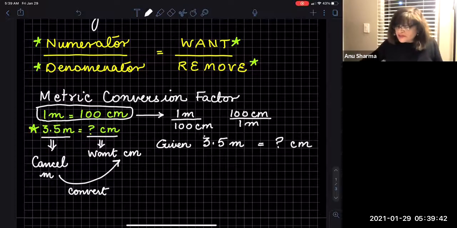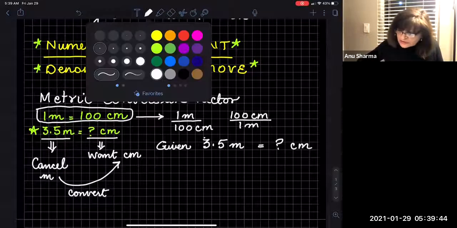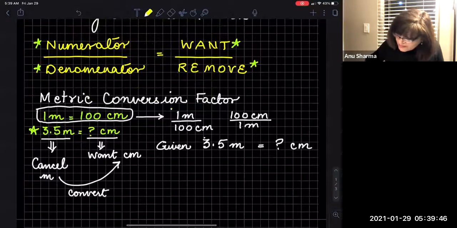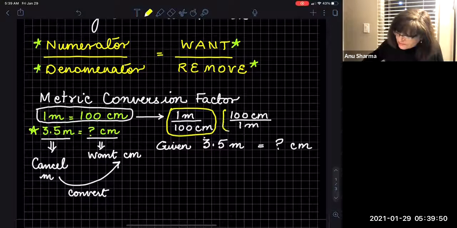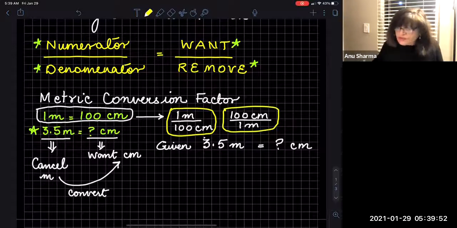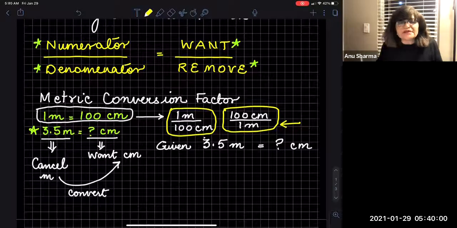Out of these two conversion factors, we want to cancel out the meters. So we are going to use this one because the meter is placed in the denominator and centimeter is what we want, so centimeter is in the numerator.